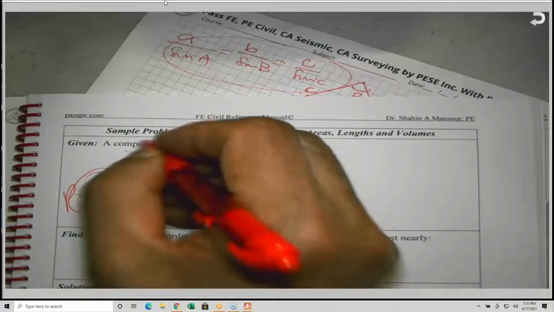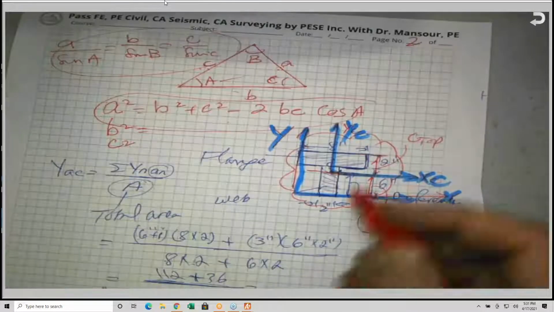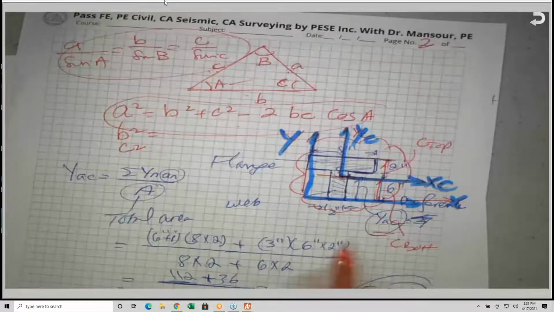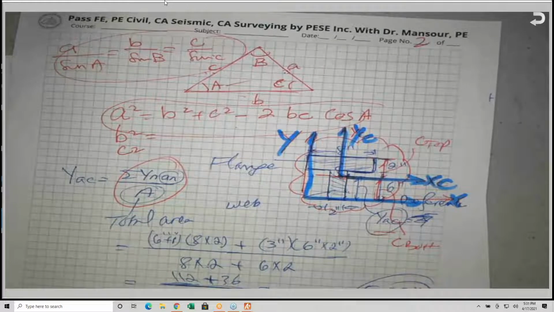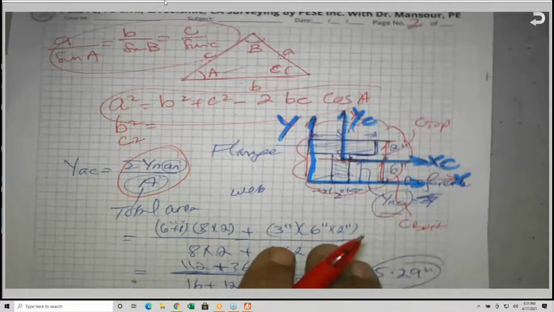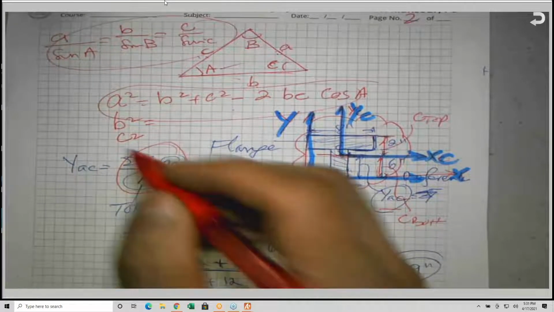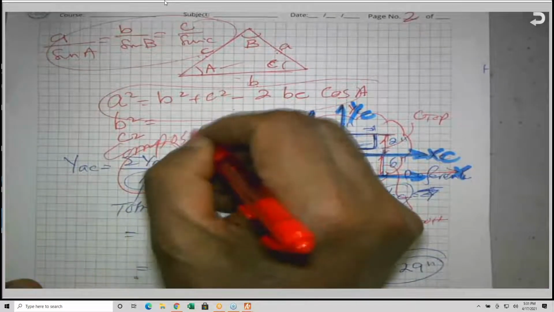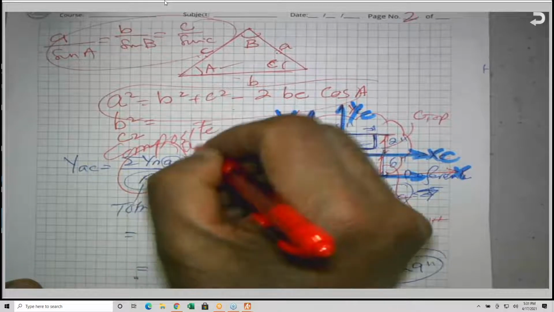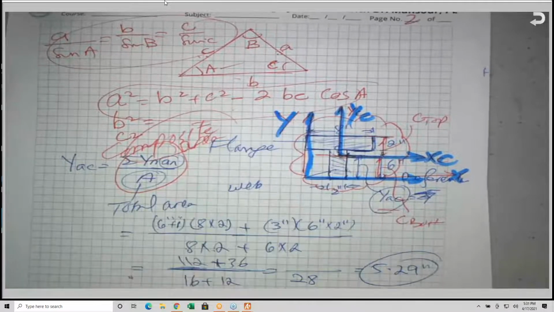So I'm using the composite area technique, or the composite area method, exactly as I used here. This is called the composite area because I am taking each area individually and multiplying by its own distance, divided by the total area. So if the word composite is mentioned on the exam, the composite area method is what we are talking about here.